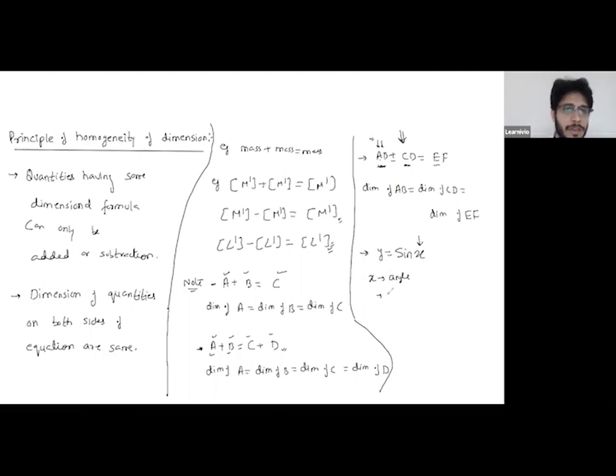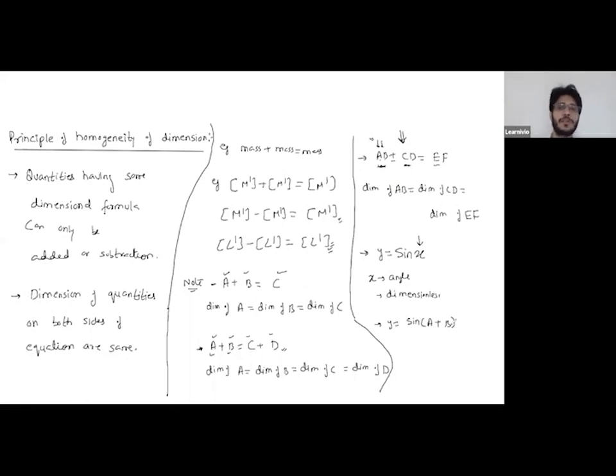Clear? x is an angle, so it should be dimensionless. Similarly, if I'm writing y equal to sine of a plus b, then what about a and b?